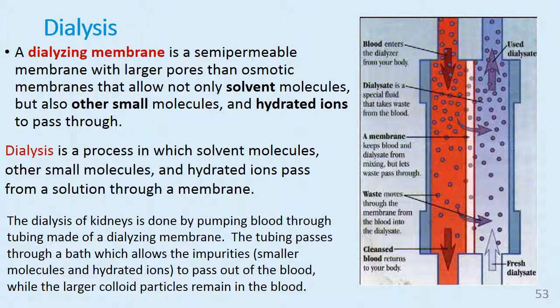The blood is more concentrated in the waste, the dialysate is less concentrated, so all those particles will flow through the membrane into the dialysate, and then it will be carted away, and the blood is clean and returns back into the body. So it's similar to osmosis. And that's the end of this unit, so I hope that you have enjoyed it.